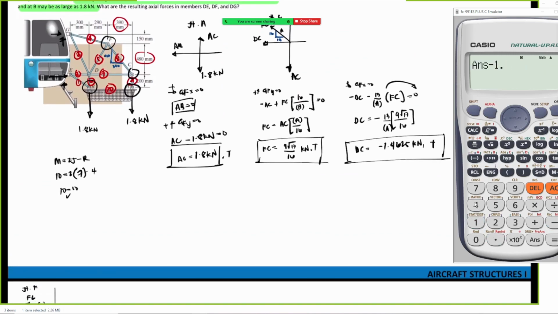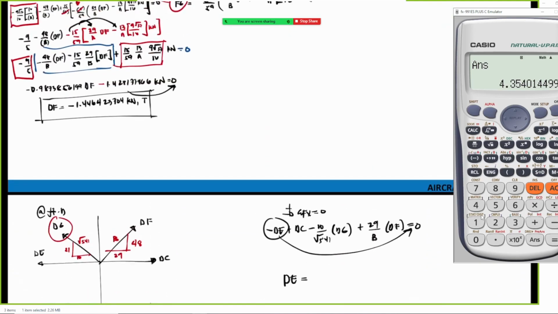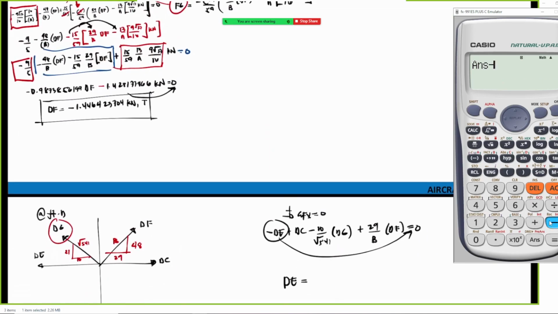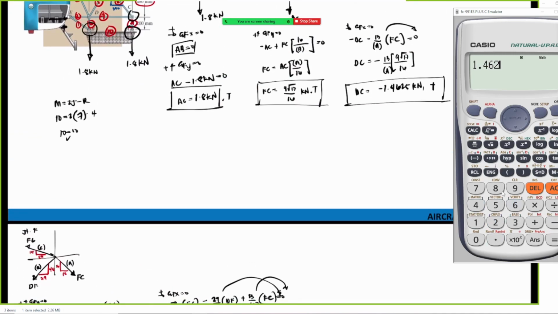Okay? What is the value of our DC? Negative 1.4625.